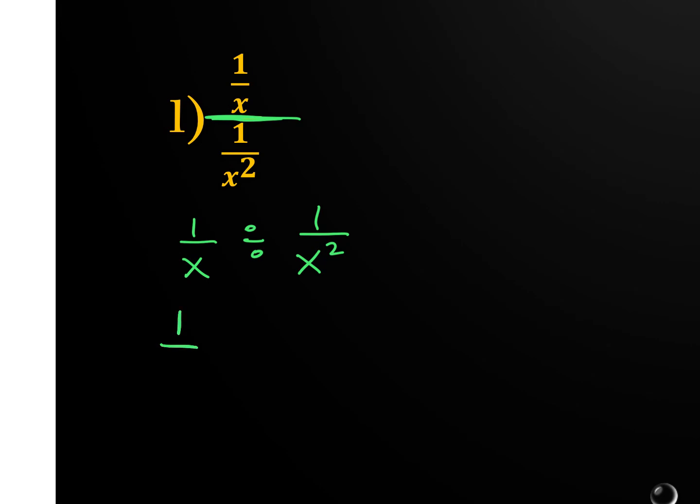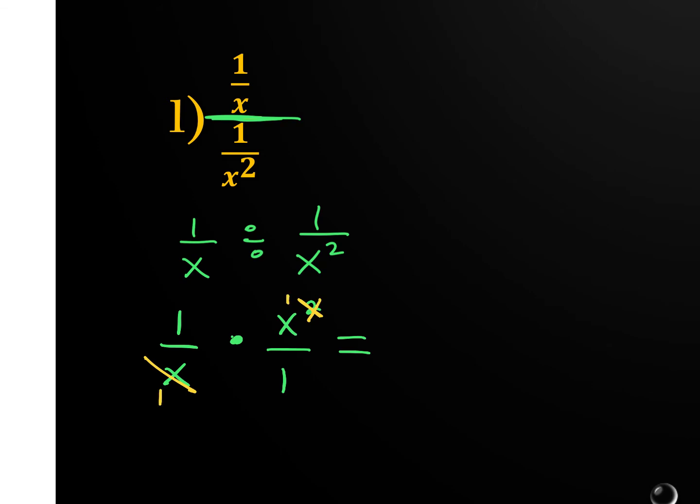Since it's fractions, state change, keep change, flip, however you want to do it. I'm going to keep the first fraction, I'm going to change this to multiplication, and then I'm going to flip the second fraction to its reciprocal, flip it upside down. Now I can simplify diagonally. I can cancel out an x, and then I can take one x out of this and leave behind just an x to the first.